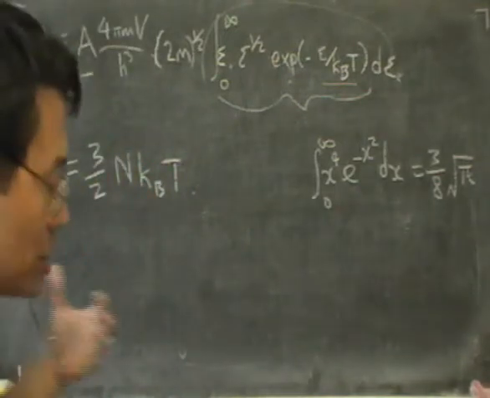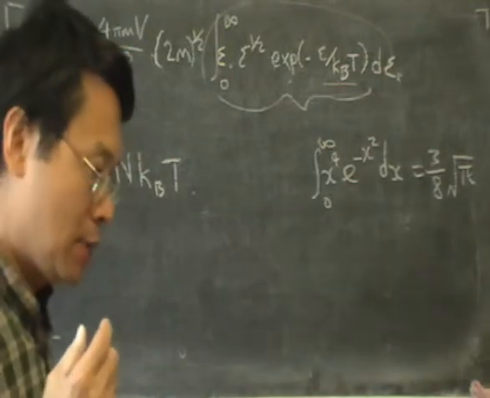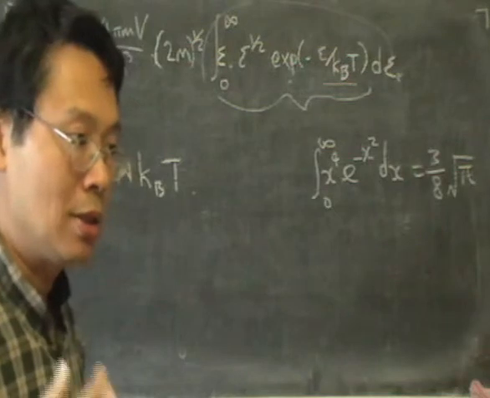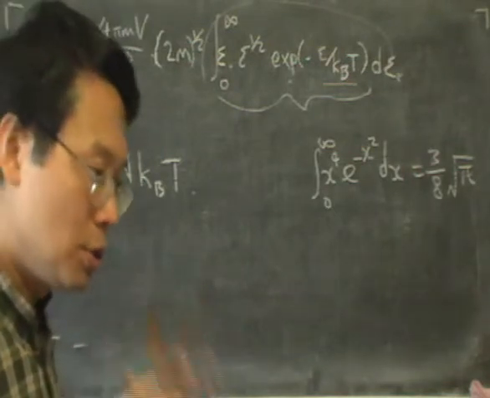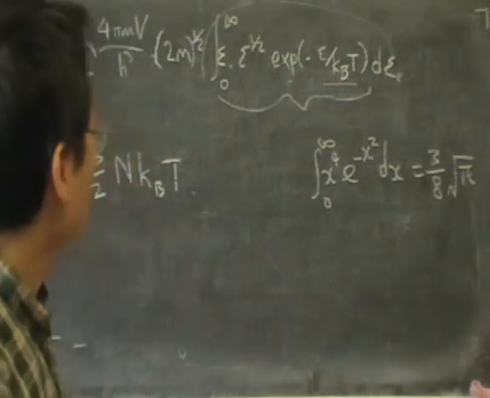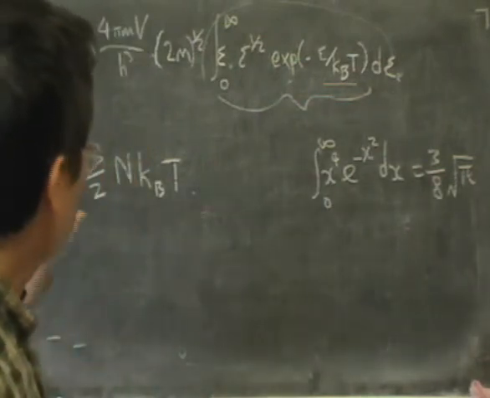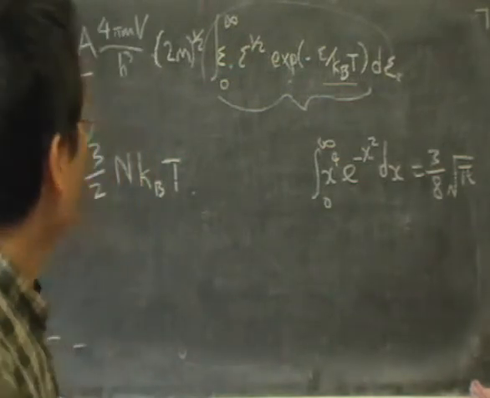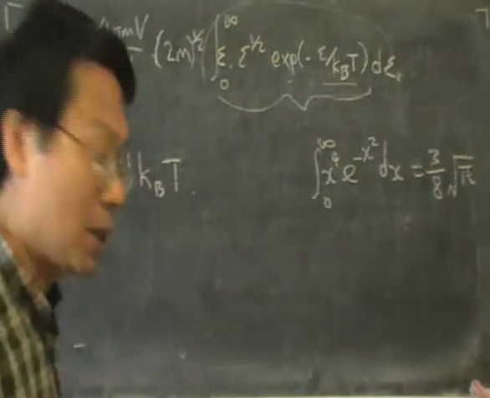So it goes a long way to tell us that these basic ideas about statistical mechanics, that we can actually use the energy levels and these microscopic quantities to predict the macroscopic, the thermodynamic quantities like total energy and heat capacities.